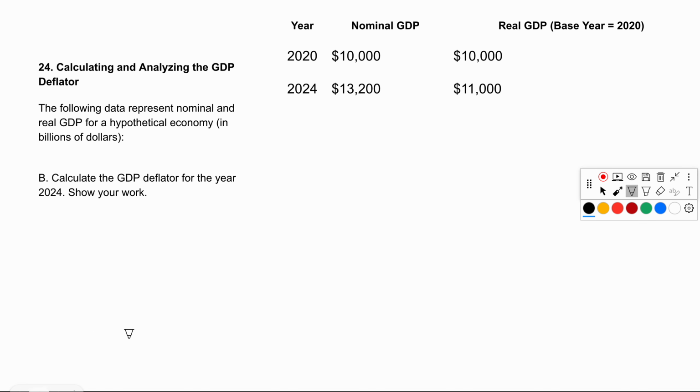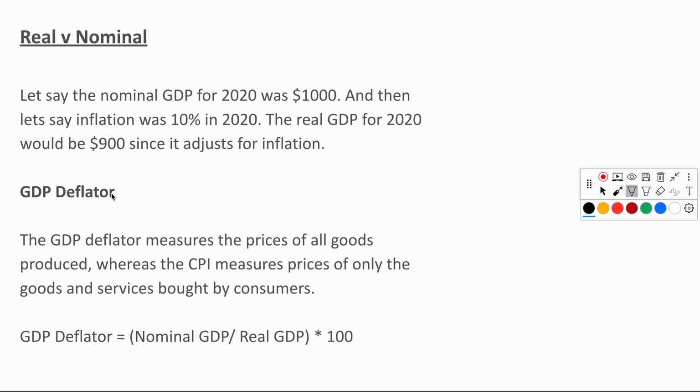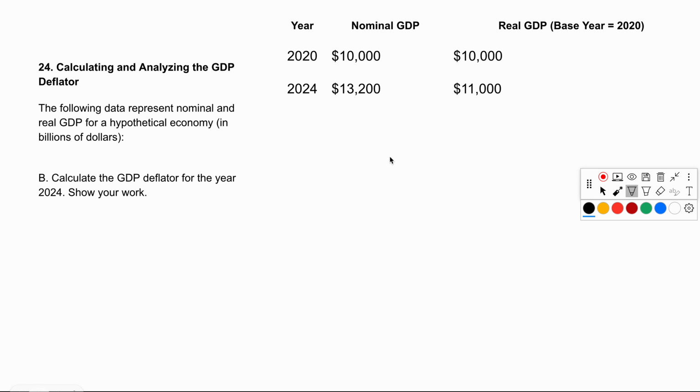So let's do a problem for that. The following data represents nominal and real GDP in a hypothetical economy. Calculate the GDP deflator for year 2024. So how do we do that? Well, nominal over real. Nominal GDP for 2024, 13,200. Real GDP, 11,000.